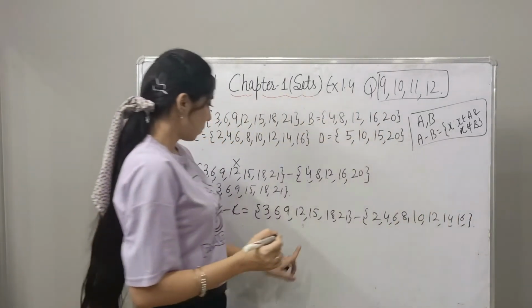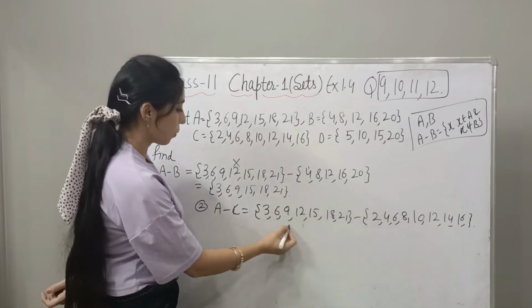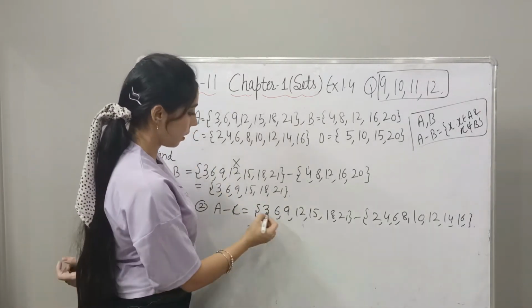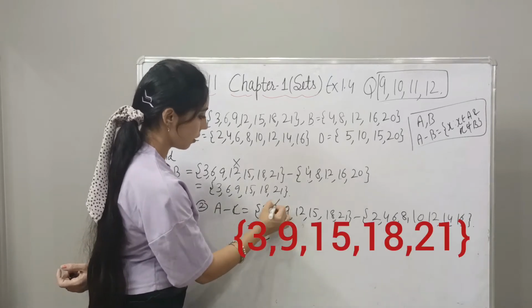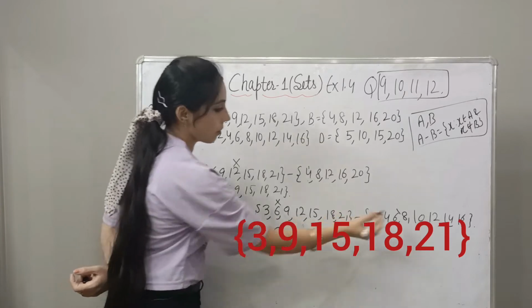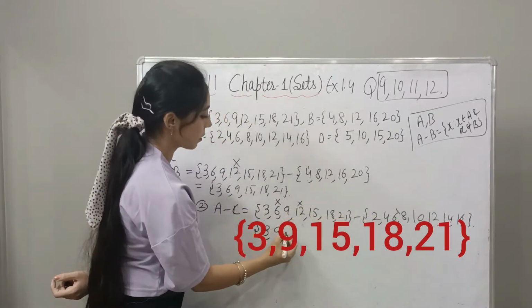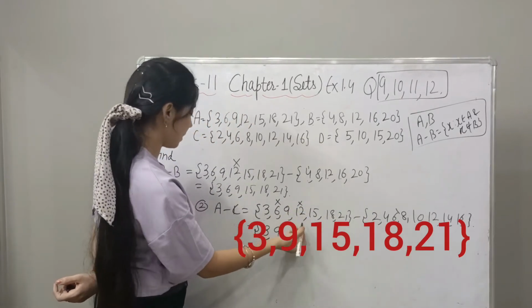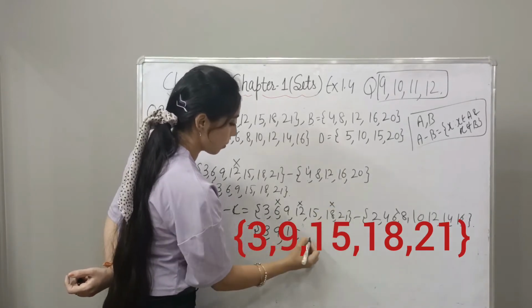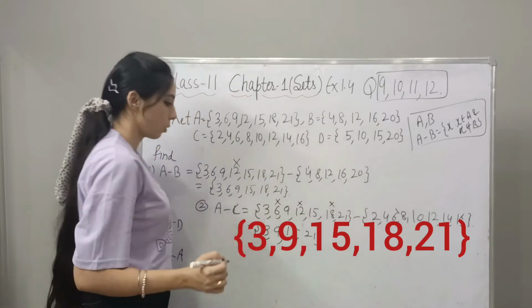To find the difference, we write those elements of A which are not in C. 3 is included, 6 is excluded because it is in the C set, 9 is included, 12 is an even number and is in the C set, so it is excluded, 15 is included, 18 is also excluded, and 21 is included.